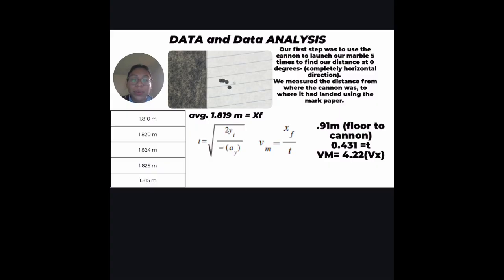And then from there, we used our time to find our Vm, which was our muzzle velocity, which is also equal to our Vx, the initial velocity, of 4.22.